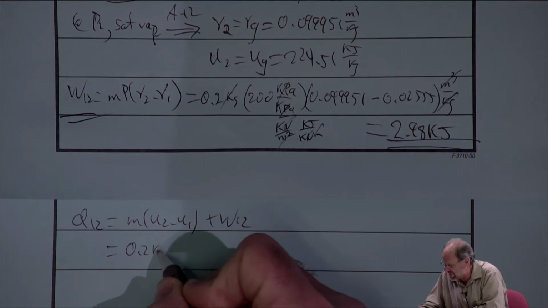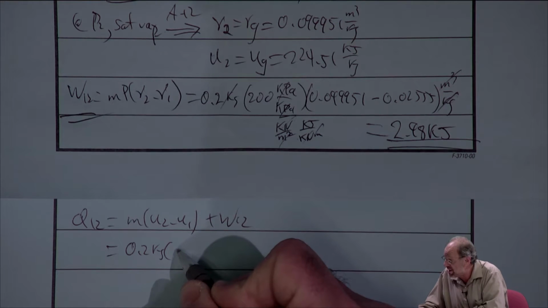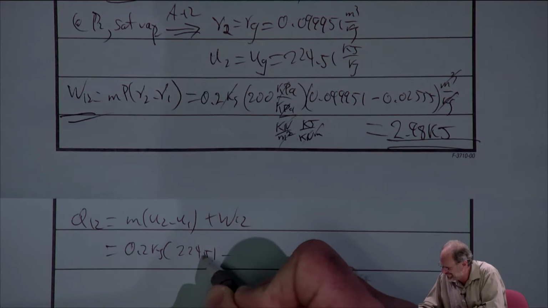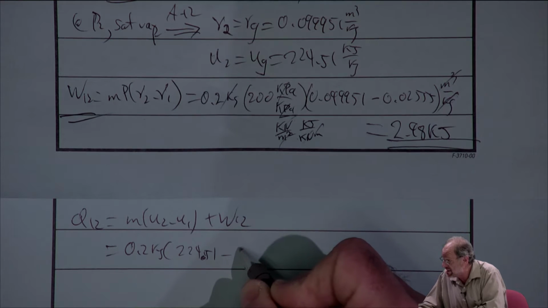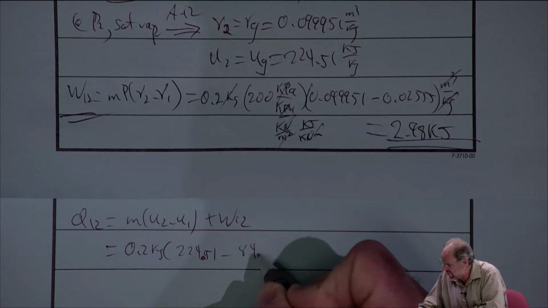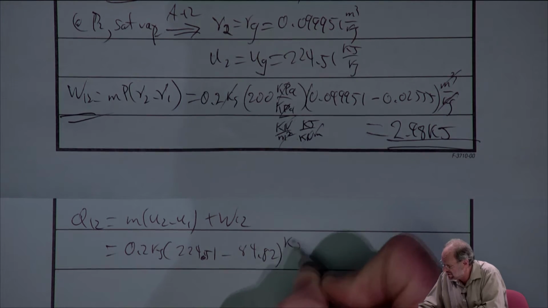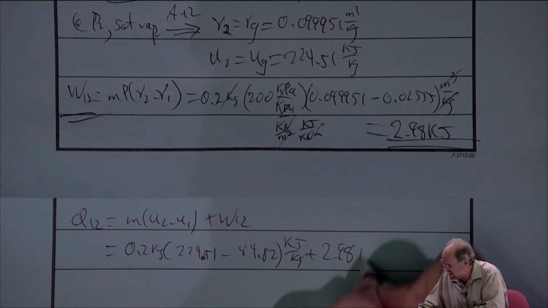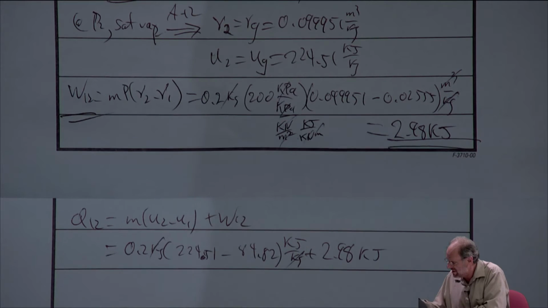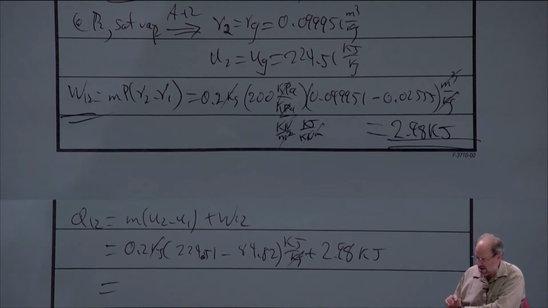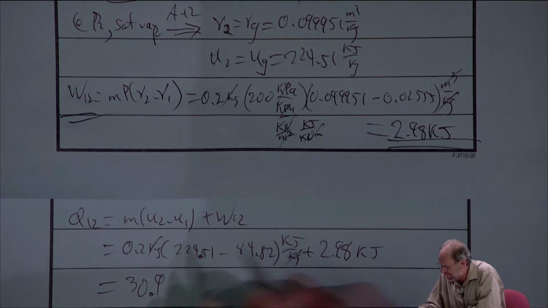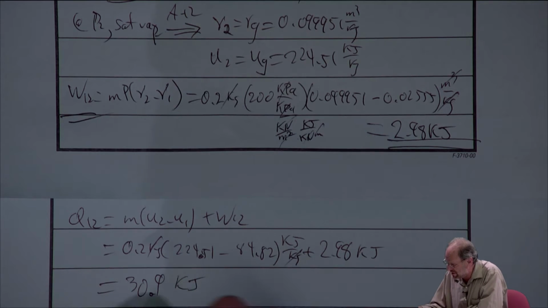So 0.2 kilograms, U2 minus U1, so 224.51 minus 84.82. Those are both kilojoules per kilogram, plus 2.98 kilojoules. The units work out just fine. We go through the mathematics, and we end up with 30.9 kilojoules.